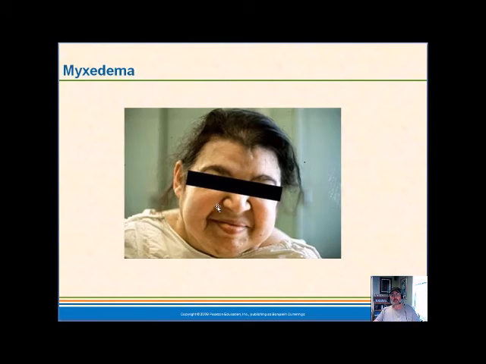And this is myxedema. So you've got fluid buildup, you've got a thickening of the tissues, coarseness of the hair. Hair also gets a bit brittle, and just sluggish thinking.